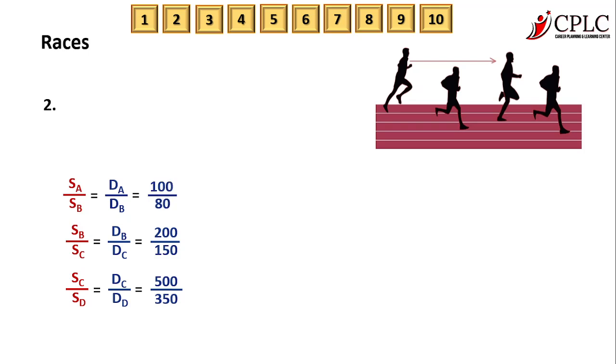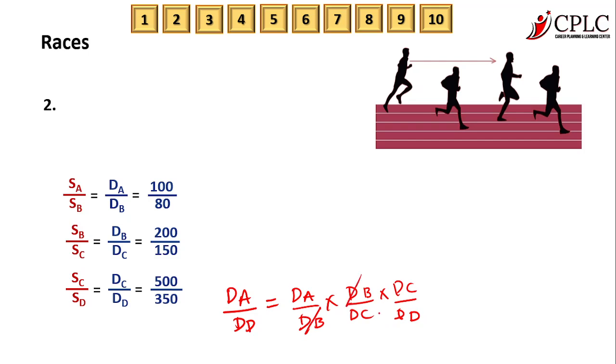Now they were asking about A and D. To calculate A and D, we need to make sure that first we have the distance of A and the distance of D as a ratio. So we'll have to multiply these values with each other. Why do so? Because when we do that, at least on paper this B and this C will be cancelled off because they are the same numbers, and we'll be left with few numbers.